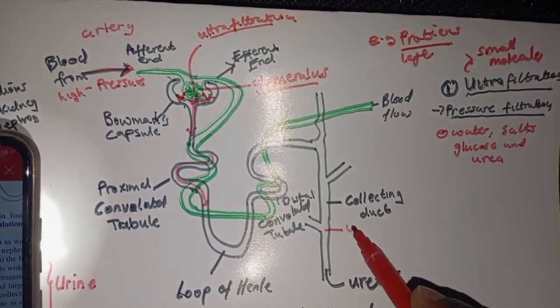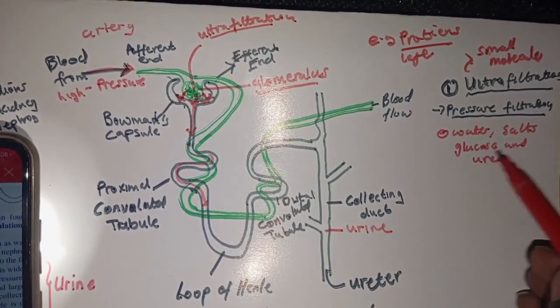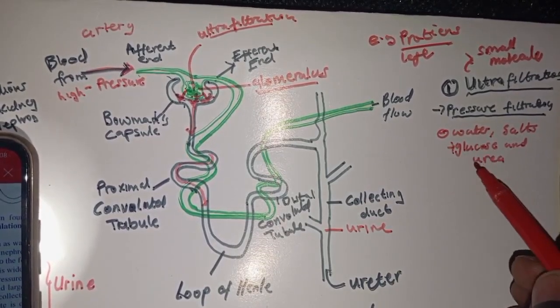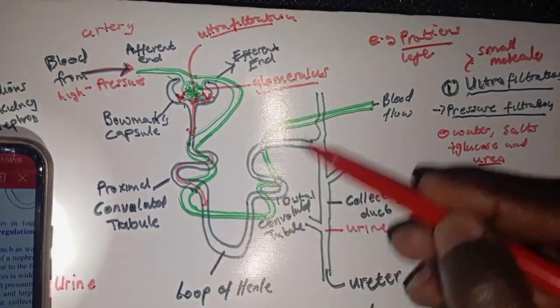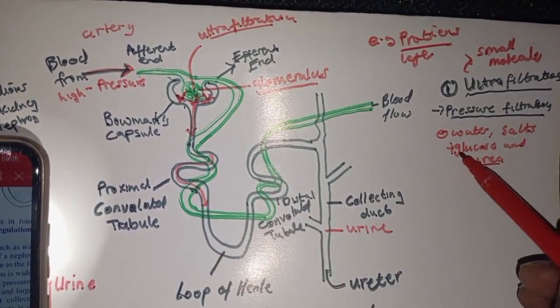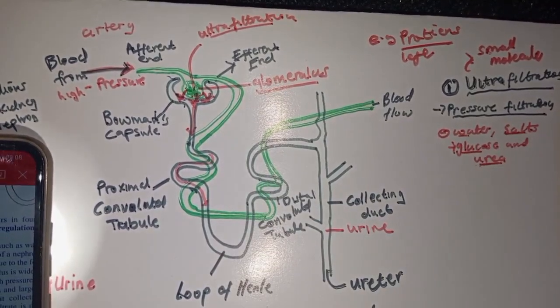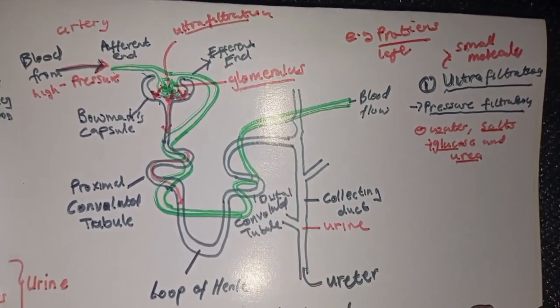Urine. Because once it reaches here, it is urine. But there are certain things that we need here. For example, glucose is very important. We shouldn't take it into urine. Urea, yes, we don't mind, it can just go, but this, we need to find a way of putting it back into the blood. Similarly with these, and also some of these, we only need to excrete excess.